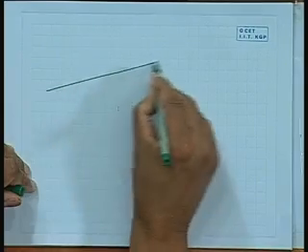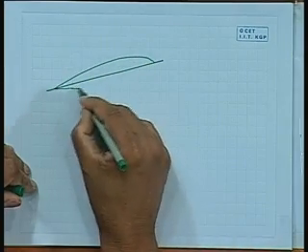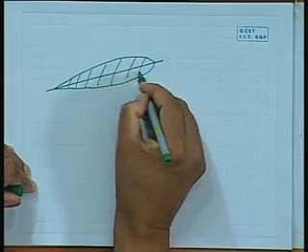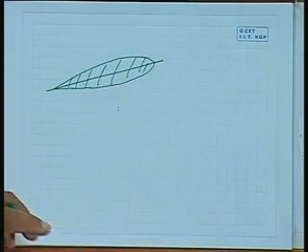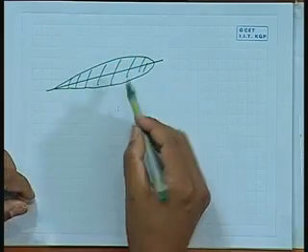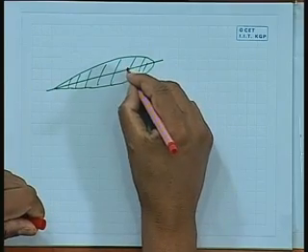The rudder will be looking like, I will just draw in this way, a turned rudder. It will have a symmetric aerofoil section. This is a typical cross section, and I have assumed that it has been turned a little bit. Okay. It will be turning about some point here.